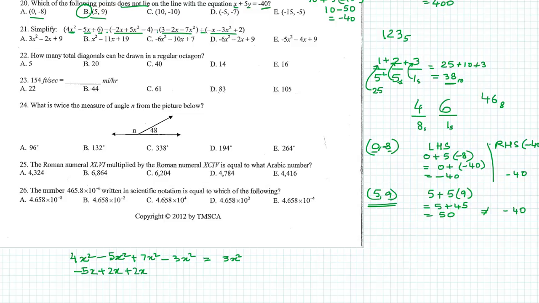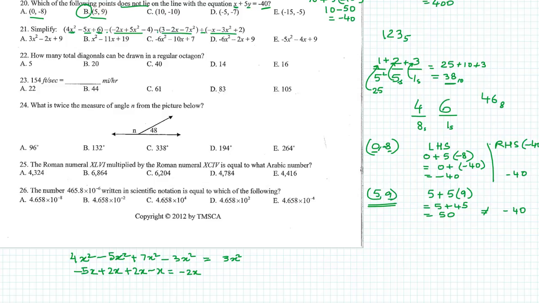And in the fourth parenthesis we have plus of minus x, so that will be minus x. So minus 5x plus 2x is minus 3x, minus 3x plus 2x is minus x, and minus x minus x is minus 2x.